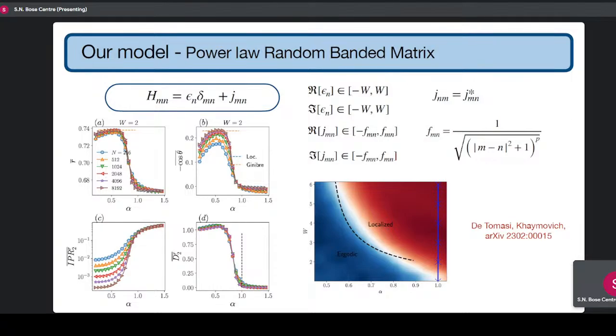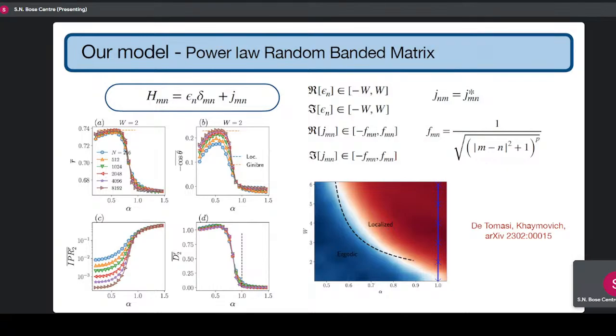For that, we have used this simple power law random banded matrix model, which is a non-Hermitian model. It is defined this way: I have diagonal terms and off-diagonal terms, both of which have real and imaginary parts, and all of them are chosen from a uniform distribution, but the width of this distribution for the diagonal parts is 2W, and the width for the off-diagonal parts decays as a power law as a function of m minus n.